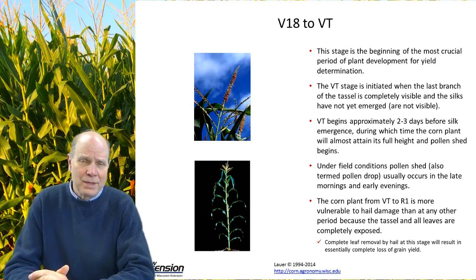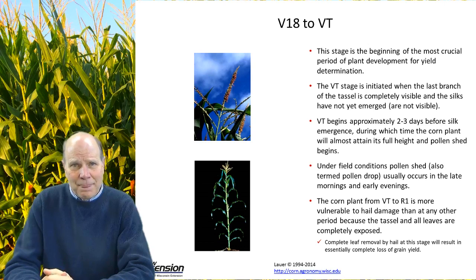Usually that pollen only travels about 50 feet from the plant, but to isolate cornfields, it requires 660 feet of isolation. At this point we're starting to see pollen drop off of those tassels, and usually the pollen will start to drop about 2 to 3 days before the silks start to emerge on the plant.